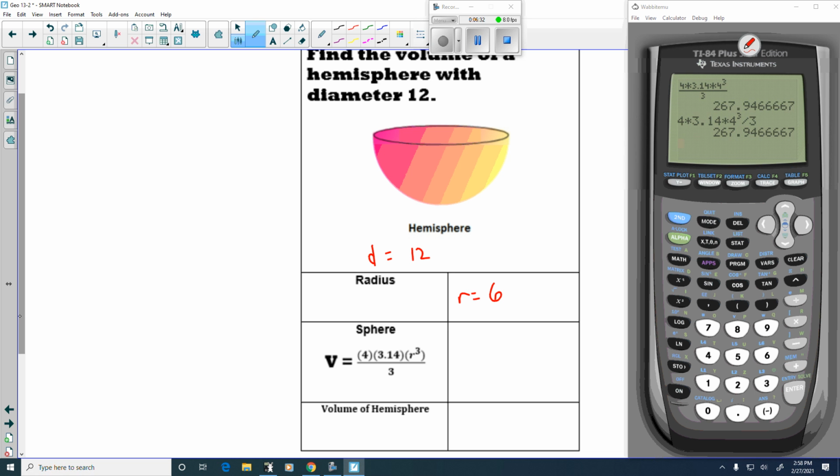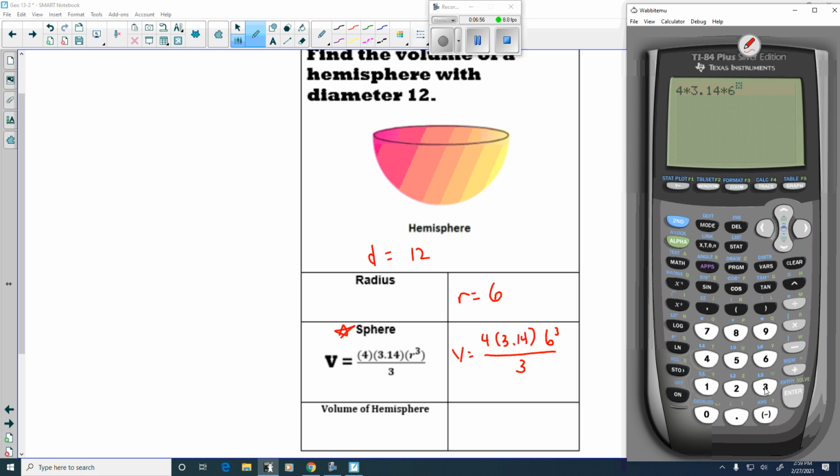And so now the formula then, of course, is going to be the volume is 4 times 3.14 times 6 cubed all over 3. Now this, of course, is the volume of the sphere. And so in my calculator, it's 4 times 3.14 times 6 cubed.